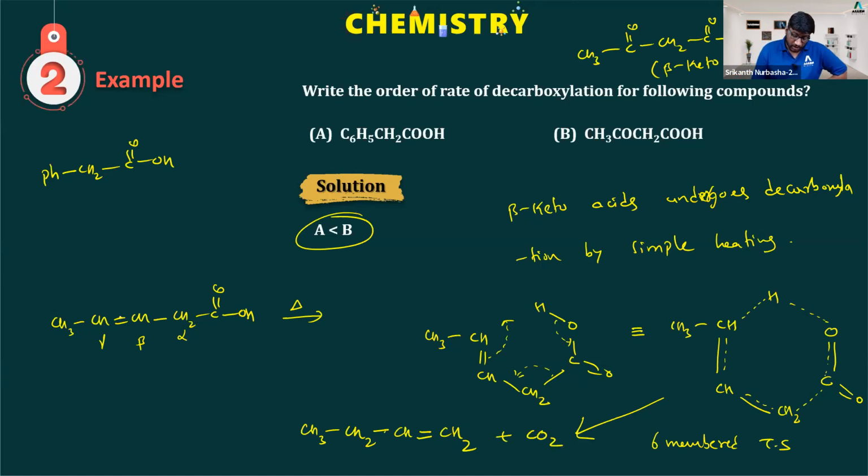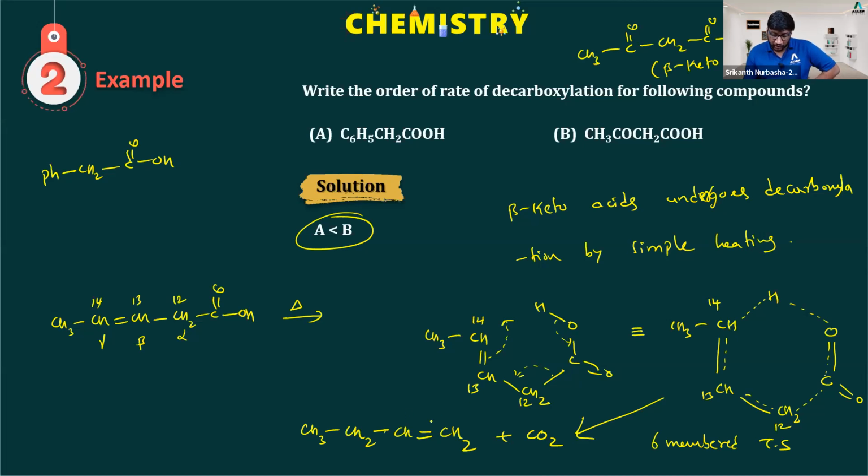Look at the positions now. I am giving isotopes: C12, C13, C14. This is C12, this is C13, this is C14, in the 6-member transition state. Earlier the double bond was between 13 and 14.